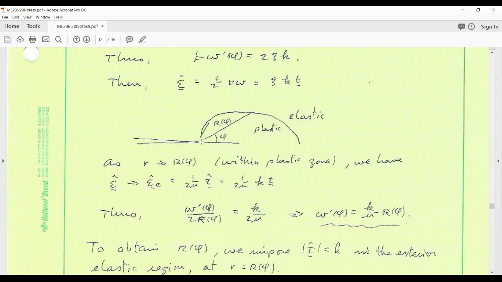Okay, well, as R tends to capital R of phi from within the interior of the plastic region, we know that the strain will tend to the elastic strain because the plastic strain is diminishing to 0 at this limit. The elastic strain, however, is 1 over 2 mu times the stress vector tau hat, which we know is KT. So let's see, we know the strain.